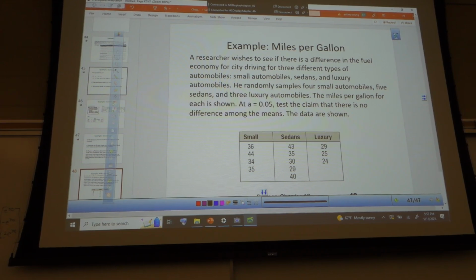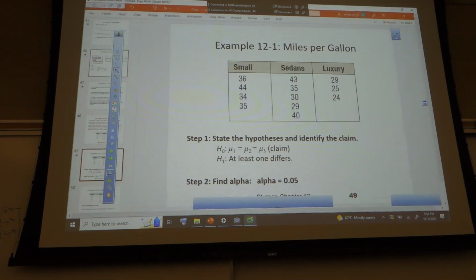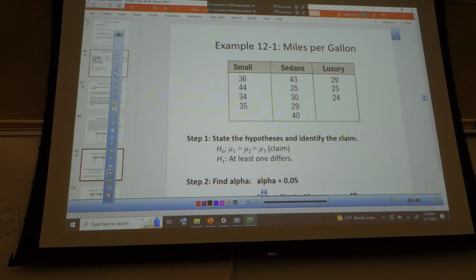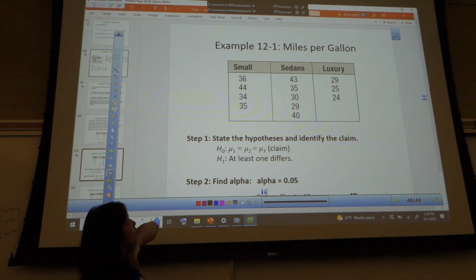A researcher wants to know if there's a difference in the fuel economy for city driving. Tesla claimed that there is no difference among the means, so that's our claim. Here's our data. There are three sections: small cars, sedans, and luxury vehicles.